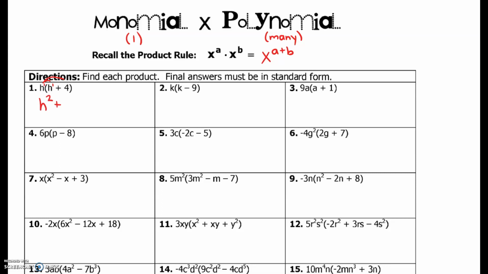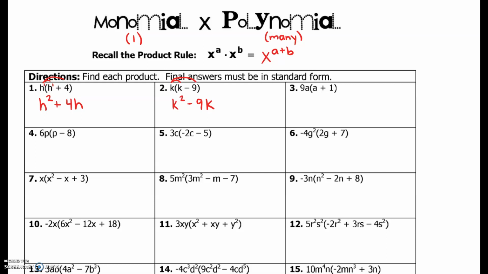Plus h times 4 would leave us with 4h. Very similar in number 2. We're multiplying k times k. That will give us k to the second power. And k times a negative 9 gives us a negative 9k. Notice how I'm including that minus as a negative sign with the number 9.